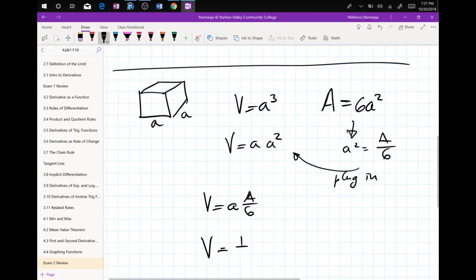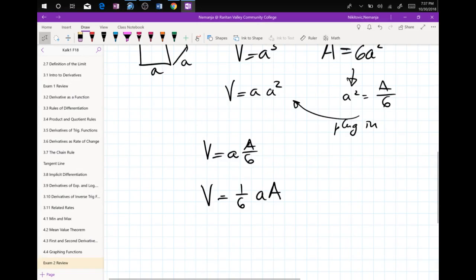Volume is 1 over 6 a A. It's a product rule. And now you can take the time derivative, and you develop related rates where the volume is going to be given in terms of change in area. You can connect anything as long as you're able to combine formulas on some level.